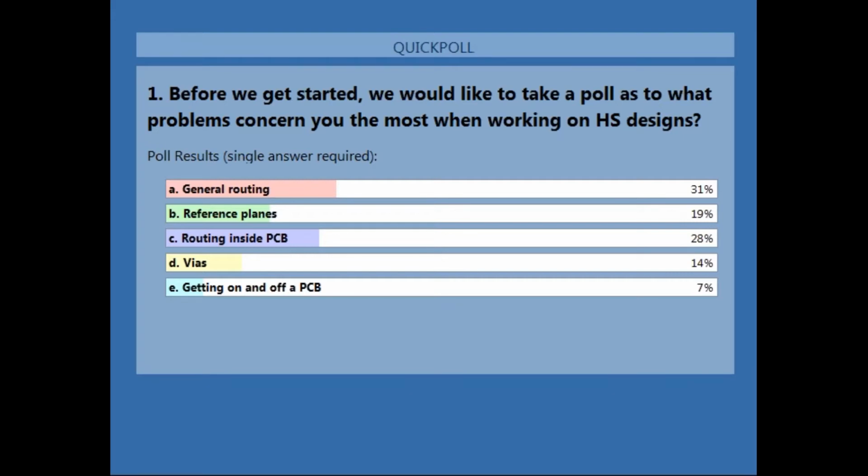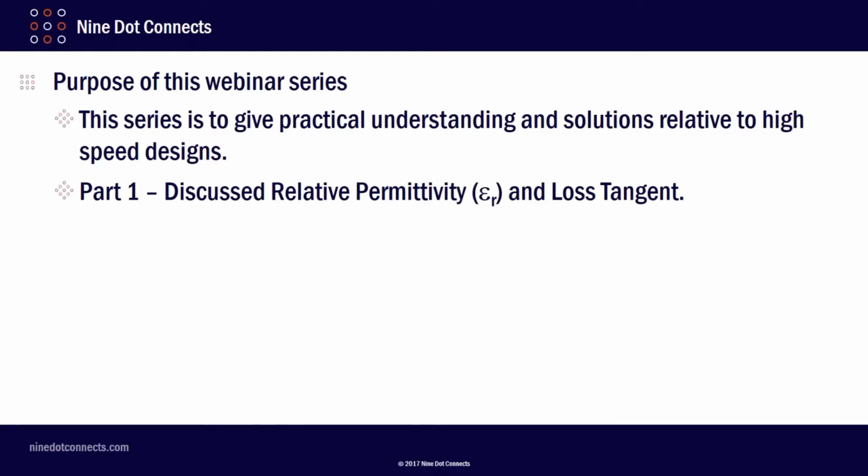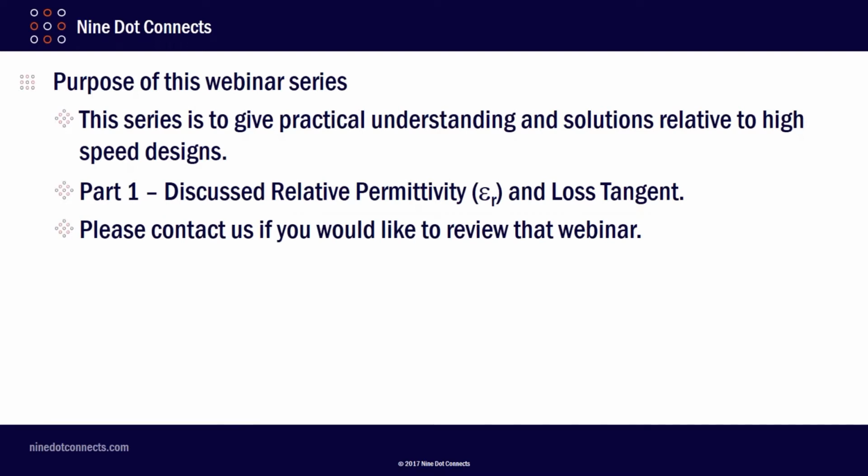So the purpose of this webinar series is to help give you all practical understanding and solutions relative to high-speed designs. The last webinar we discussed relative permittivity, as Paul was talking about, and the loss tangent. If you hadn't attended that webinar and you would like to watch it, just please contact us.